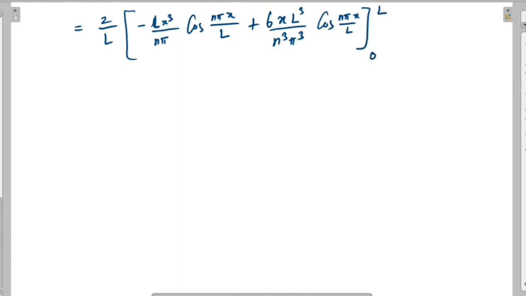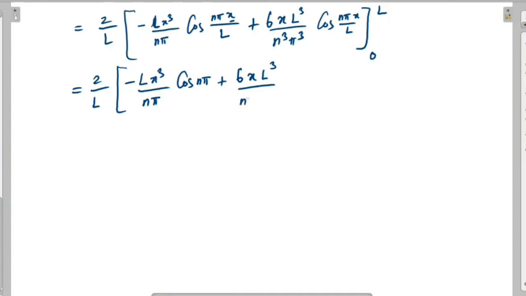Now you can substitute upper and lower limits. So from that you may get 2 by L minus L x power 3 divided by n pi. If you apply the upper limit, you may get cos n pi plus 6x L power 3 divided by n cube pi power 3 cos n pi, minus, you have to substitute the lower limit also.